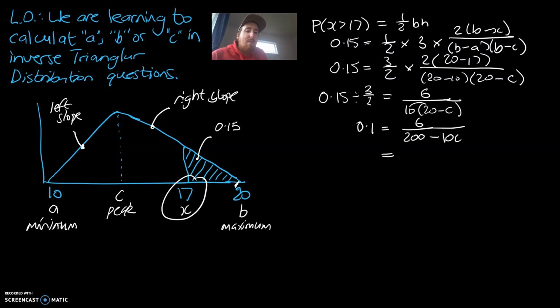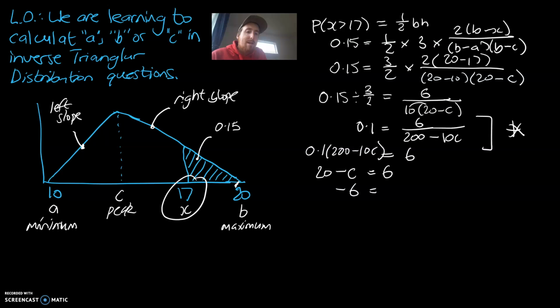Let's carry on with algebra. You can use the solver function of your graphics calculator here if you want to. 0.1 times (200 minus 10c) is equal to 6. 0.1 times 200 is 20, and 0.1 times 10 is minus c, so 20 minus c equals 6.